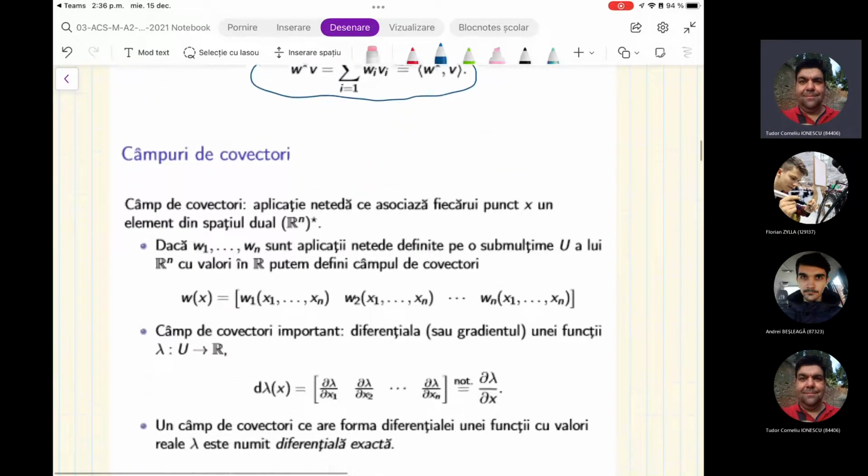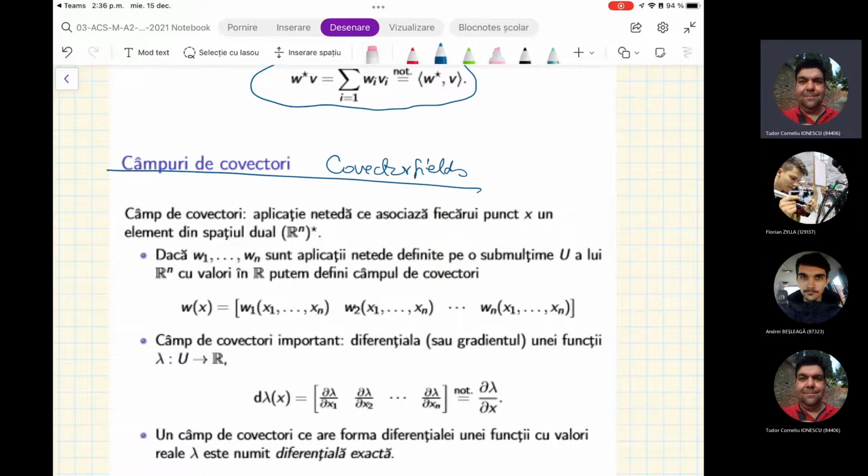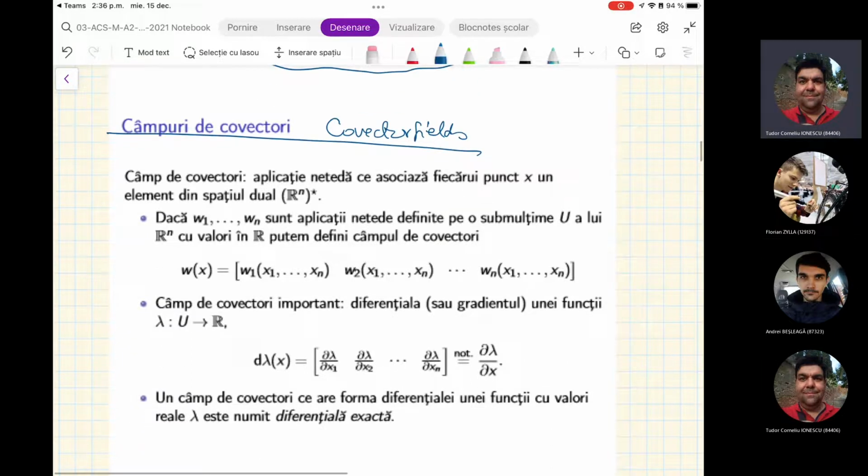You also have covector fields. A covector field is a smooth mapping associating to each point x an element from the dual space of Rn.